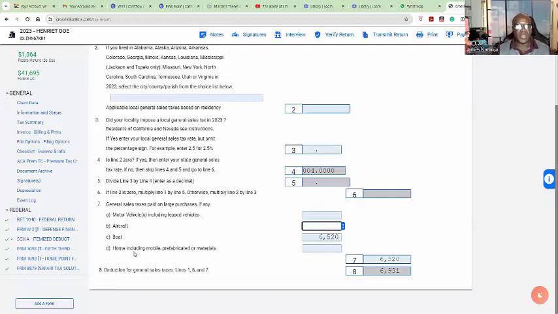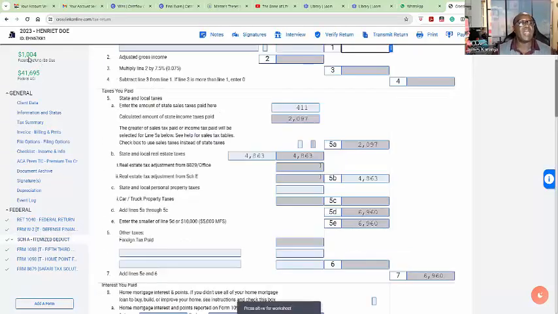For the home, including prefabricated and materials, you can add it there. Motor vehicle, most of us have a motor vehicle, so you can add it there. So we go back to Schedule A, and the amount goes back.